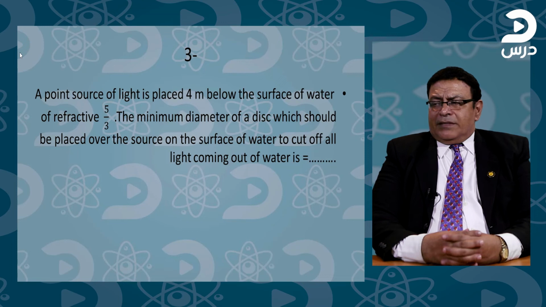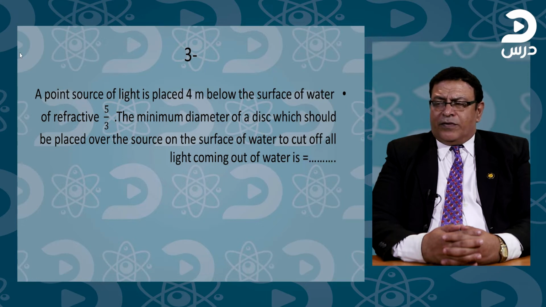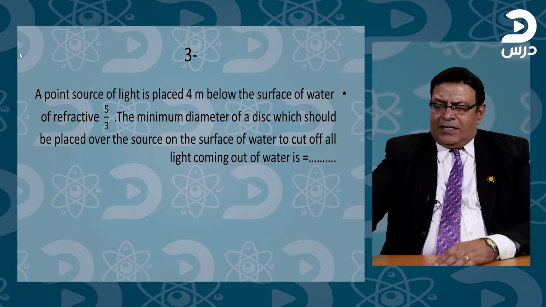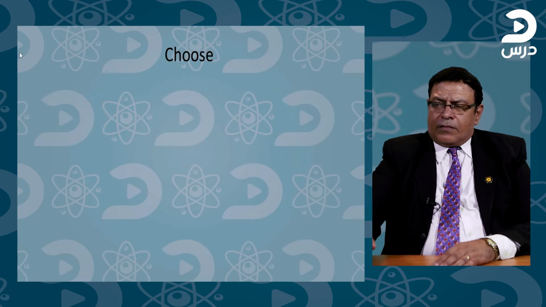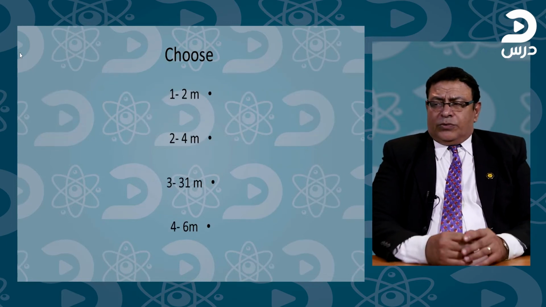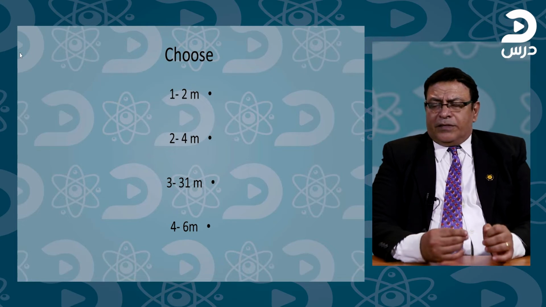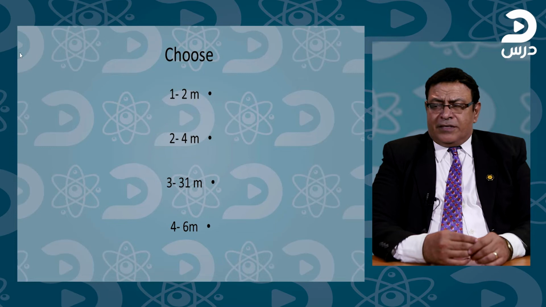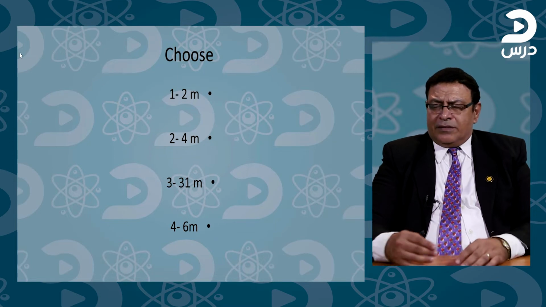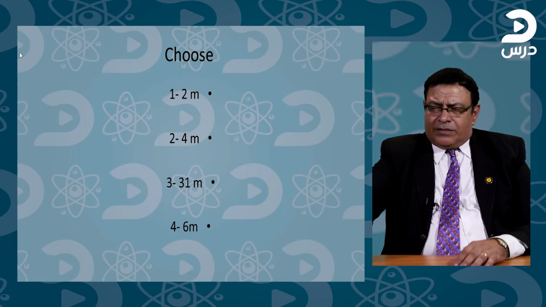The minimum diameter of a disk which should be placed over the source on the surface of the liquid to cut off all light coming out of the liquid is equal to: choose 1, 2 meters; 2, 4 meters; 3, 3 meters; 4, 6 meters.